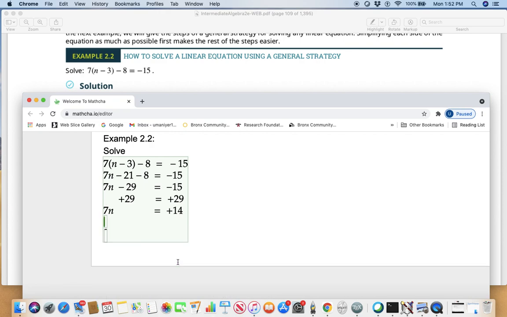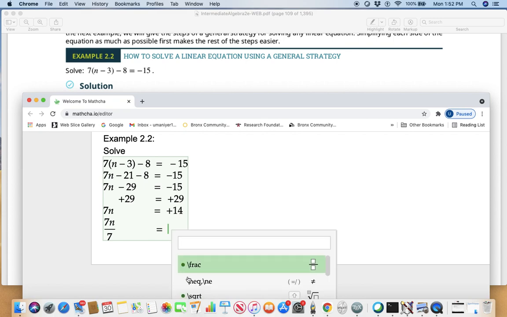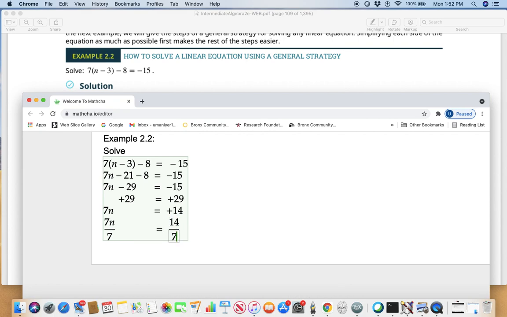The opposite of multiplication is division, so divide by 7. If I divide on the left hand side, I must divide on the right hand side by the same amount. So 7's cancel, I am left with n equals 2.